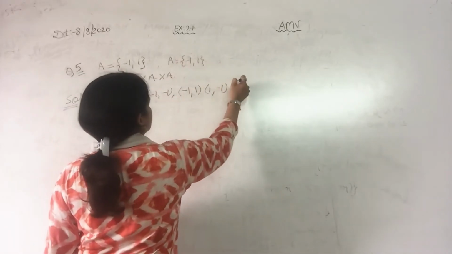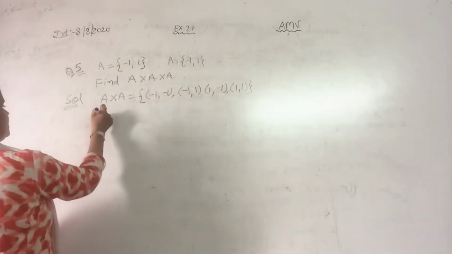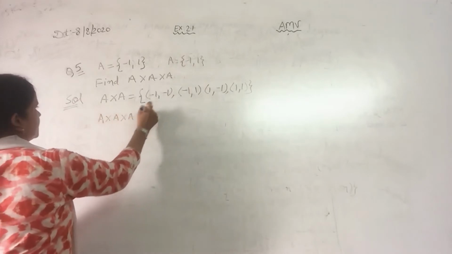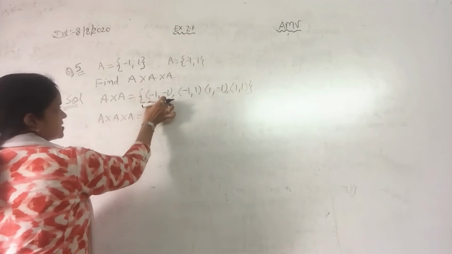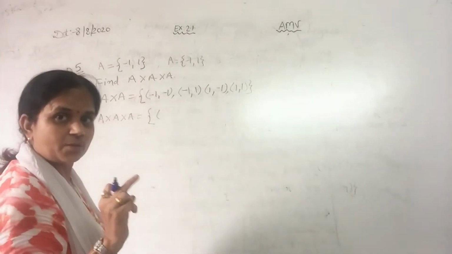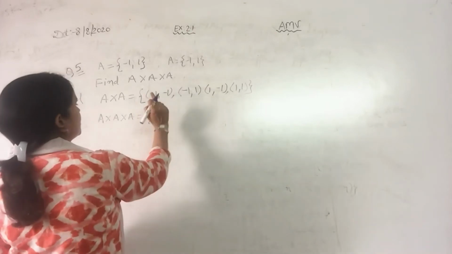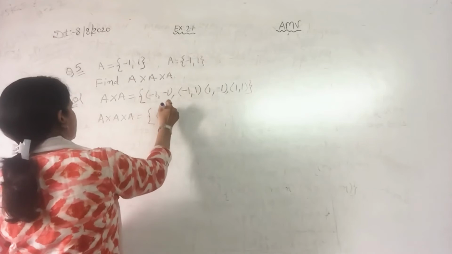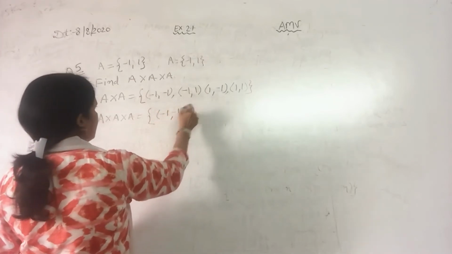And fourth (1, 1). And now again A. Okay, so now the first element is this (-1, -1). Cartesian product of this element with -1, we will get (-1, -1, -1).